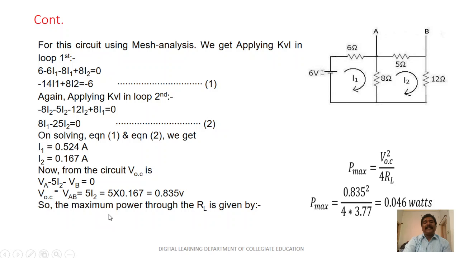The maximum power through RL is given by P maximum equal to VOC squared, that is VTH squared, divided by 4 times RL. Substituting the value of VOC, 0.835 whole squared divided by 4 into RL, which is 3.77 ohms, we get 0.046 watts.